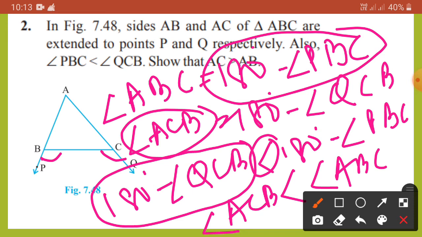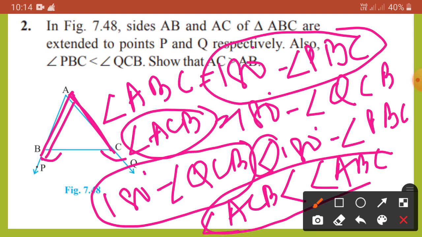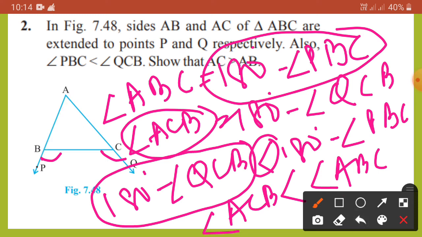So AB is less than AC. As angle ACB is less than angle ABC, the side AB is less than AC, so we can write that AC is greater than AB.